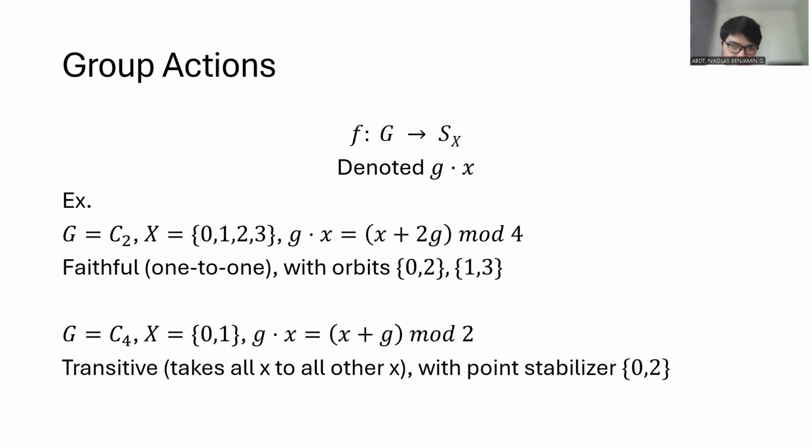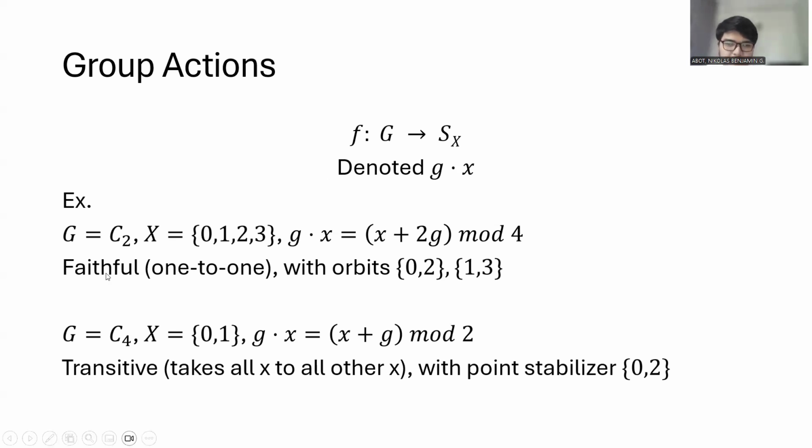For example, if our group is the cyclic group of order 2 and our set X is the set of numbers 0, 1, 2, and 3, where our group action is defined by g dot x equals x plus 2g mod 4, for example, 1 dot 1 would be 1 plus 2 times 1, which is 1 plus 2, which is equal to 3 mod 4.